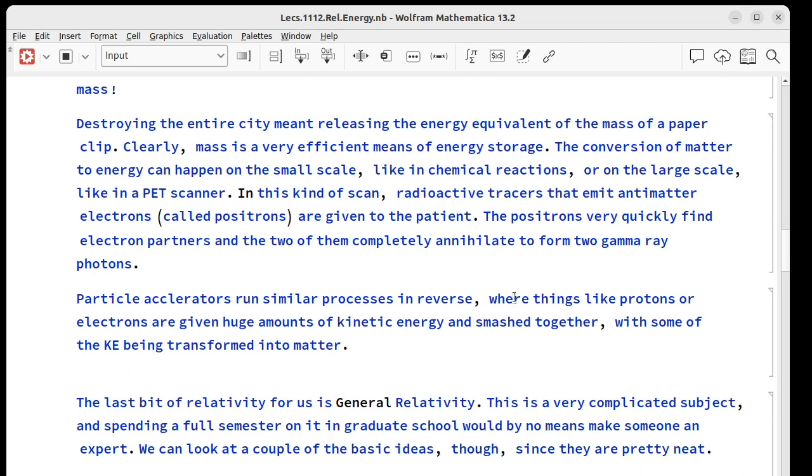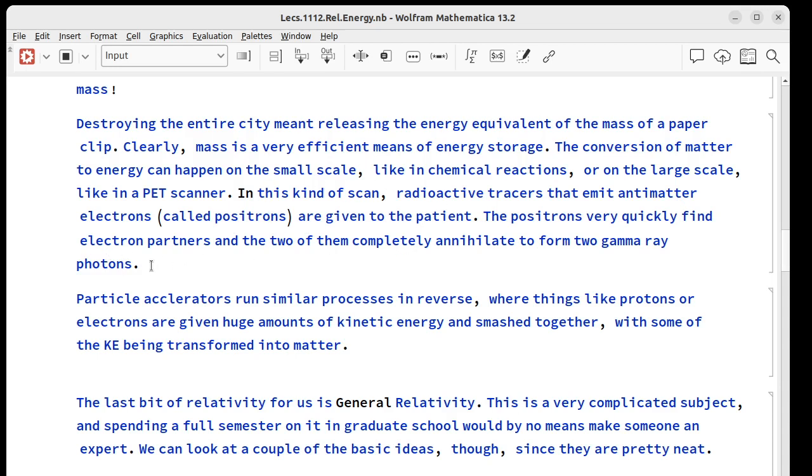So mass is a ridiculously efficient way to store energy. You can also convert mass to energy on a small scale, like in chemical reactions, or on a large scale, like in a PET scanner at a hospital. In this kind of scan, and we'll look at these later, you have radioactive material that emits positrons, which are antimatter electrons.